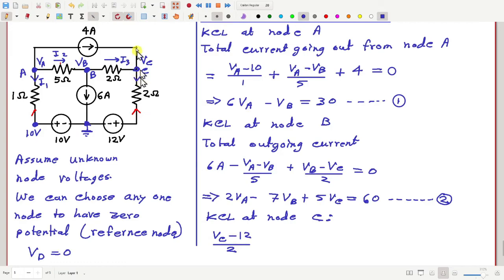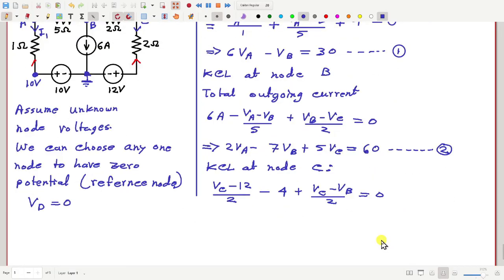Then the current going upwards is how much? Minus 4. And the current going to the left, I3, is VC minus VB by 2. The total should be equal to 0, and this gives 2 VC minus VB equal to 20. Please check.